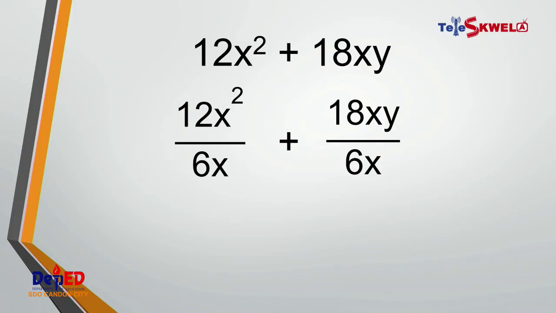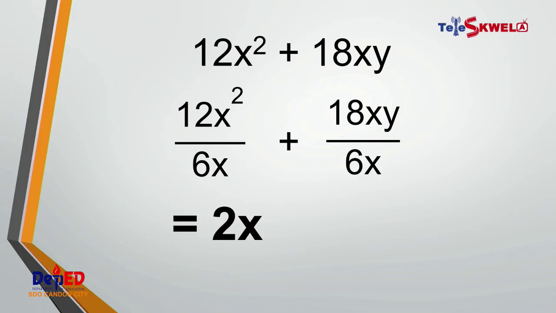So 12 divided by 6 is equal to 2. Then next, we divide the literal coefficients x squared and x. And in dividing polynomials, we have to subtract their exponents. So 2 minus 1 is equal to 1. Therefore, 12x squared divided by 6x is 2x.